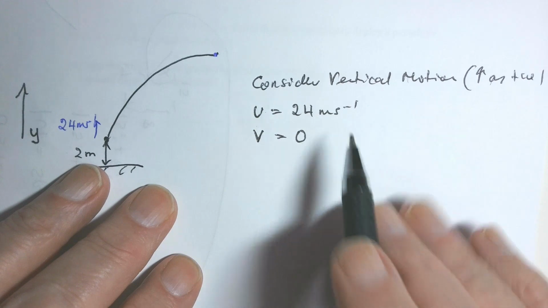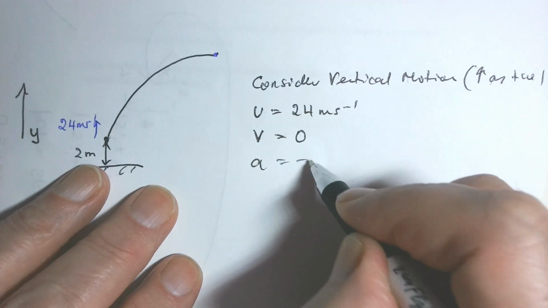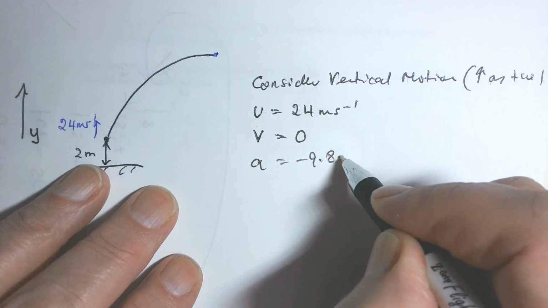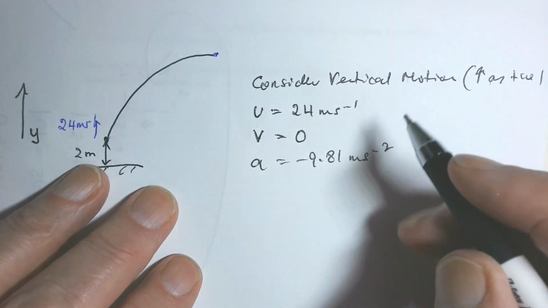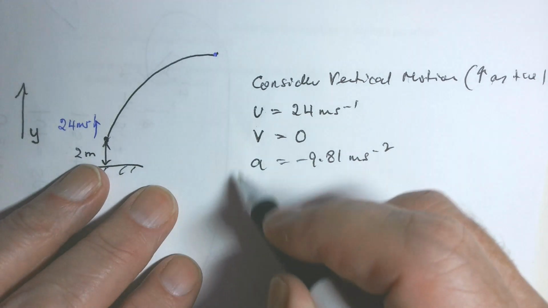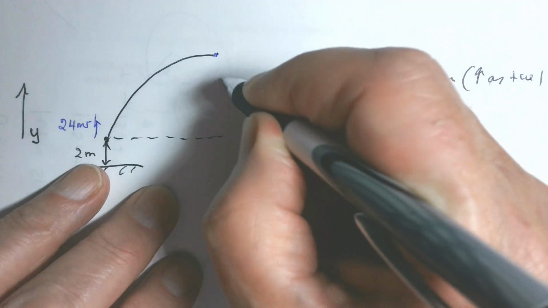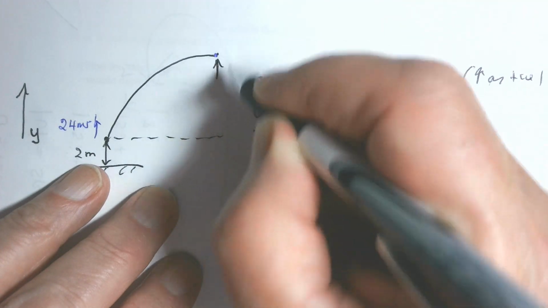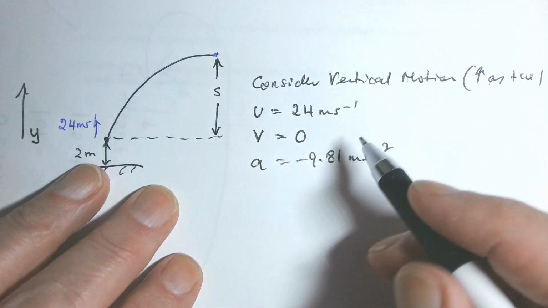So u is 24, v is 0, a is minus 9.81, and we're after s, the distance we want, and that will be the distance above our starting point, or the maximum height.